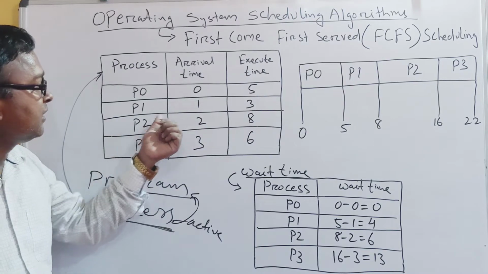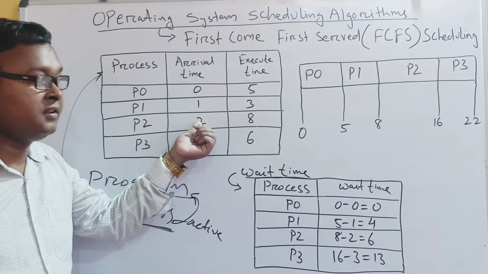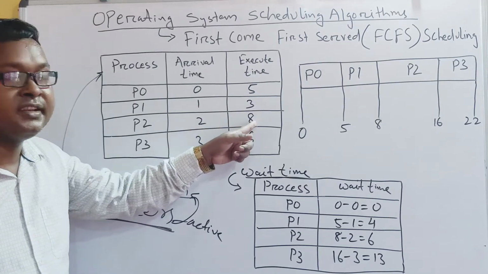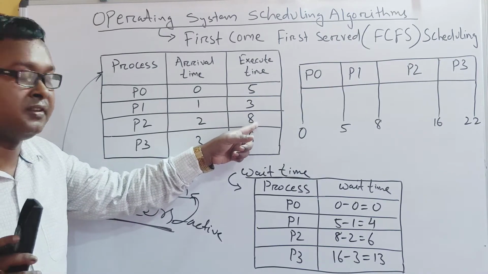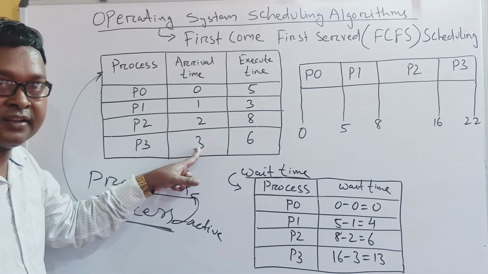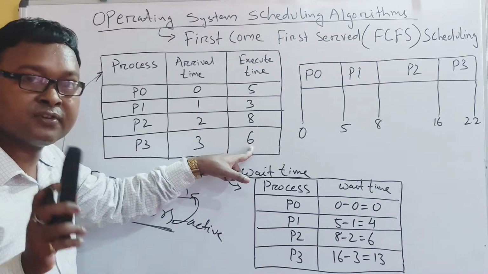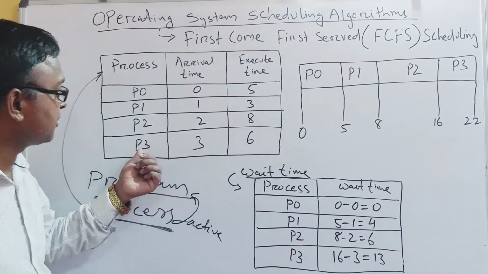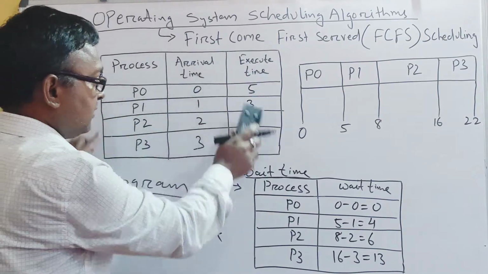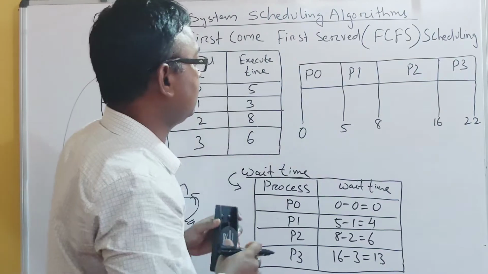P2 enters the processor at 2 nanoseconds and takes 8 nanoseconds for total execution. P3 enters the processor at 3 nanoseconds and takes a total of 6 nanoseconds for execution of process P3. This you understood, this table. Moving to this table.